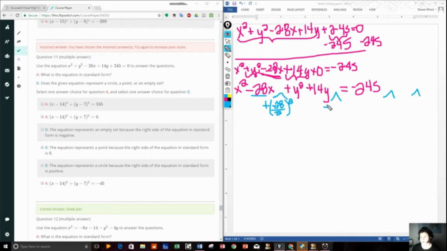And then we're going to add our b for our y, 14 divided by 2 squared, and then we're going to add the same things here, negative 28 halves squared and 14 halves squared.